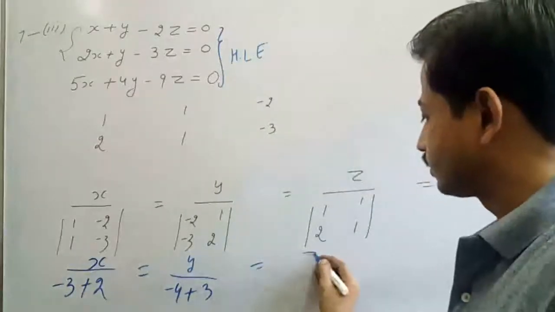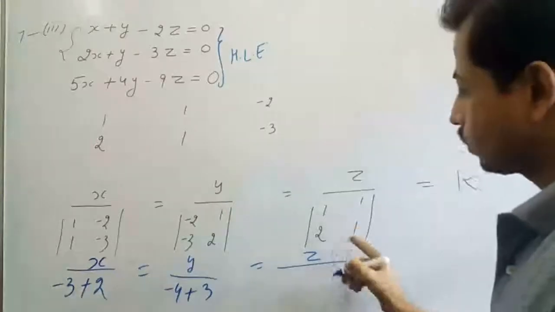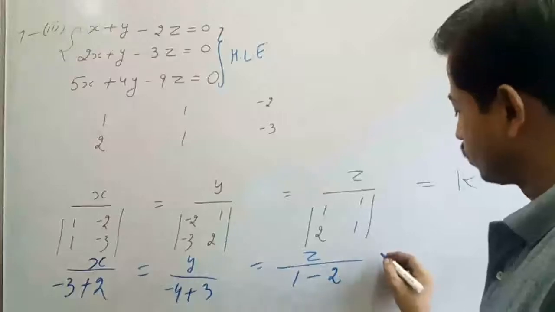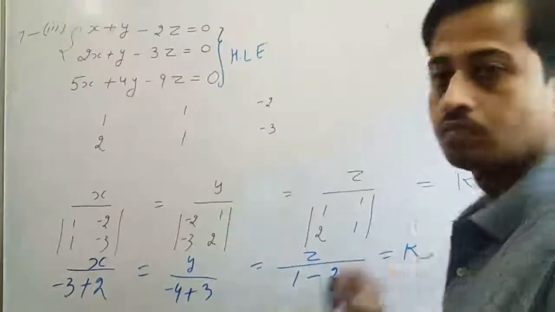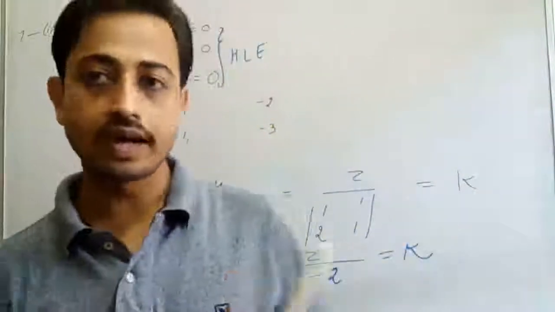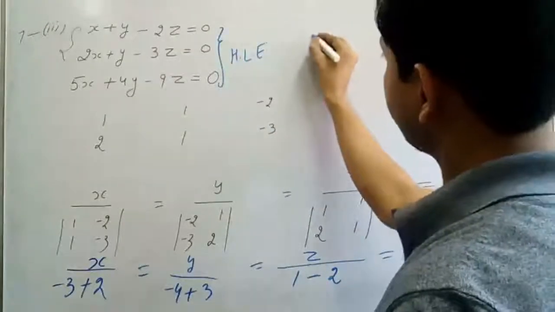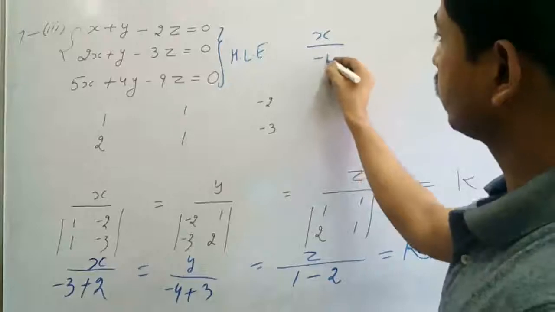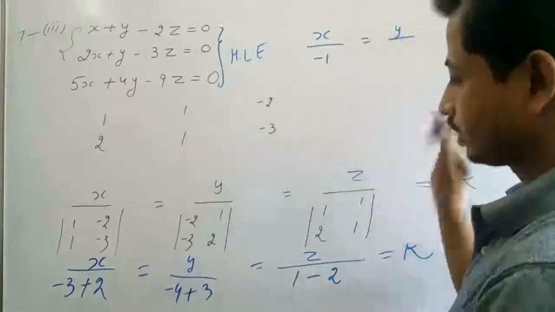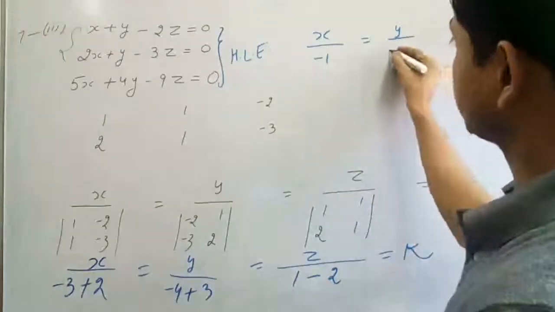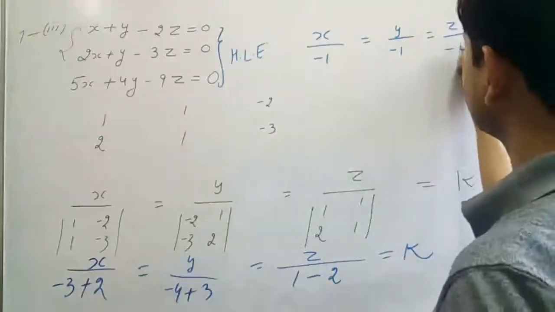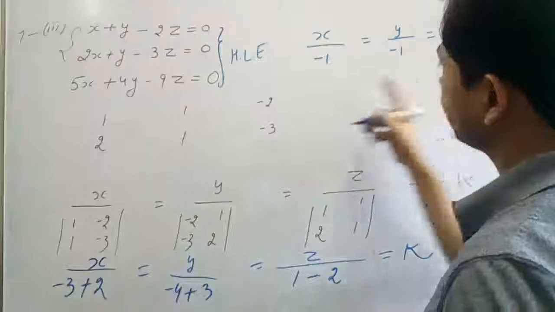Same here. 1 into 1, 1, minus 2 into 1, 2 is equal to k. Now what you get? You get x divided by minus 3 plus 2, minus 1, y, minus 4 plus 3, minus 1, z, 1 minus 2, minus 1 is equal to k.